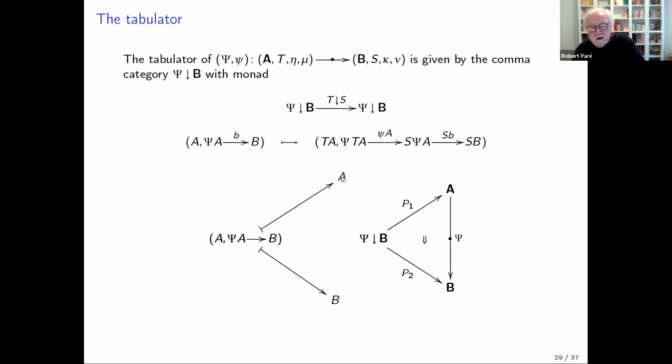So the left adjoint takes A here to the object A, psi of A, and then equality A. So you see the B here becomes a psi of A, and if you go by the adjoint there, you get psi back again. This I think is a little bit surprising.